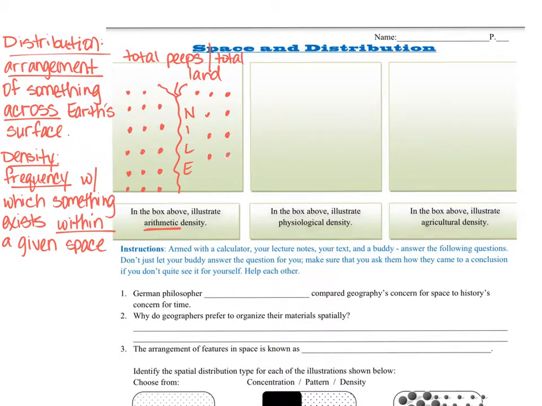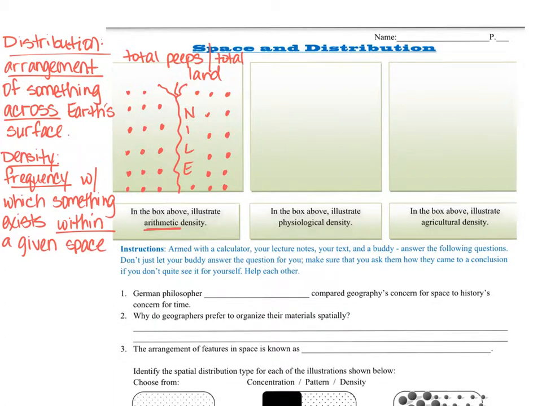Okay, so this would be if every single person in Egypt had an equal amount of square miles or square kilometers, depending on what you're working with. We're really the only ones that don't work in kilometers. So what you get when you have this number is people per square mile.